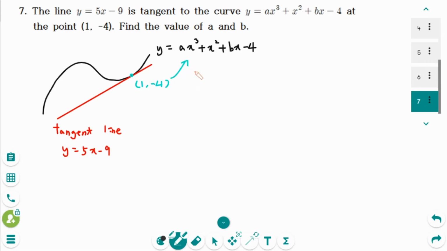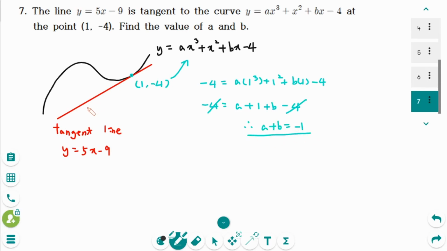So put in here: minus 4 equals a times 1 cubed plus 1 squared plus b times 1 minus 4. Minus 4 equals a plus 1 plus b minus 4, the minus 4 cancelled. Therefore, a plus b equals minus 1.